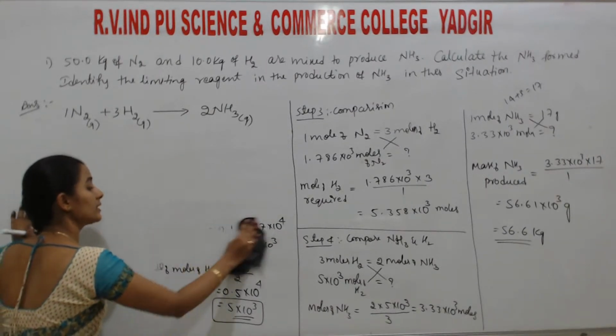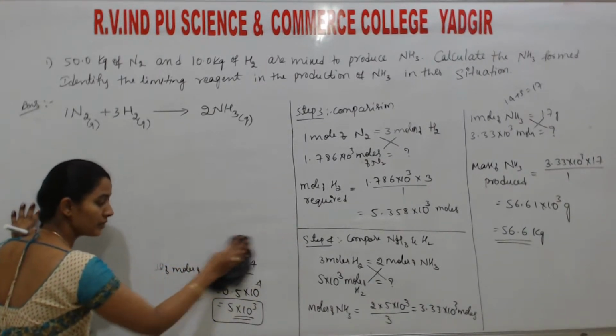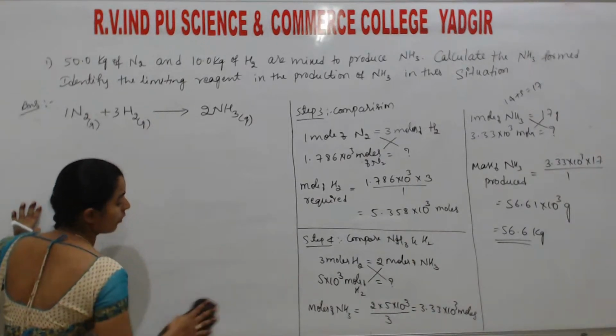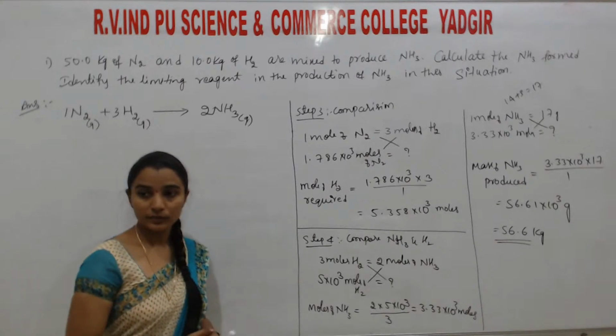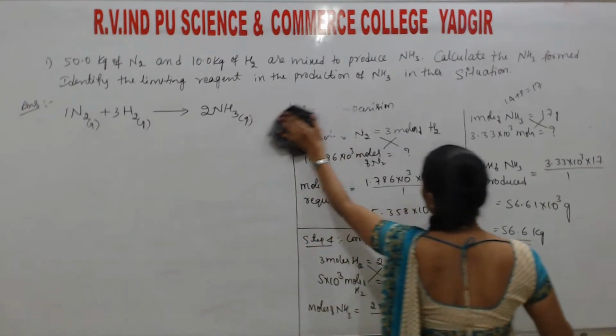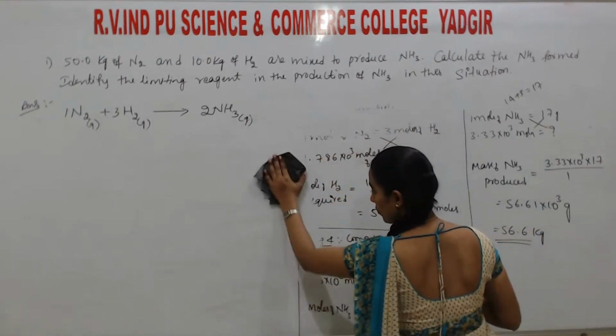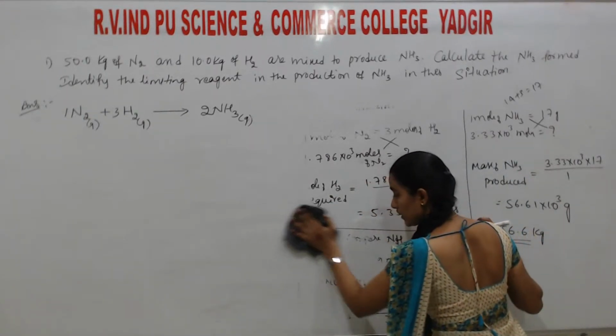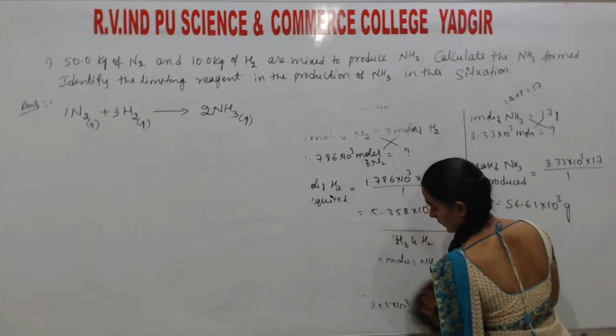Which one is present in excess, how many grams, which one is present in less, how many moles? If you know the comparison from mole to gram, gram to mole, mole to volume, then you can easily solve the problems.